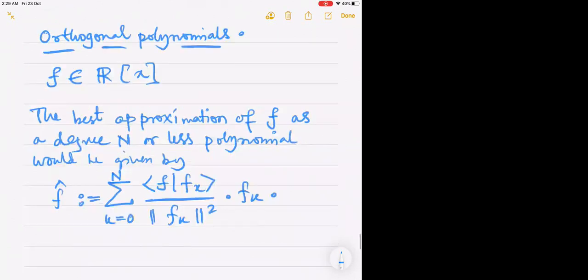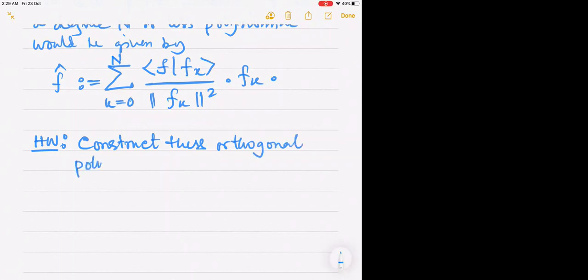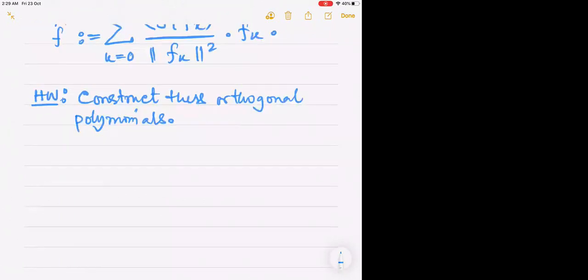It goes to you as homework to construct these orthogonal polynomials. Find out what these polynomials are called.